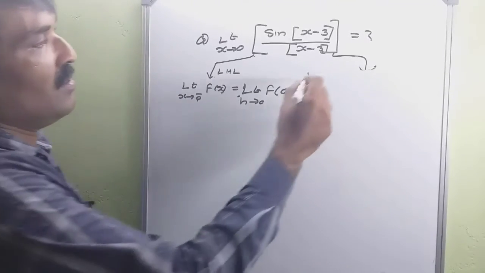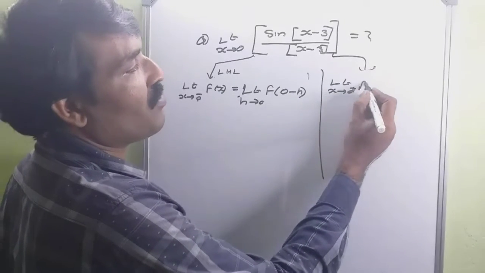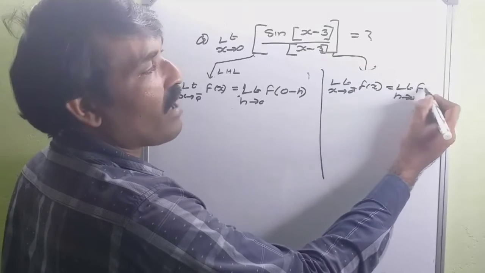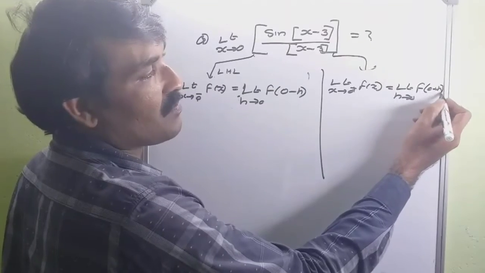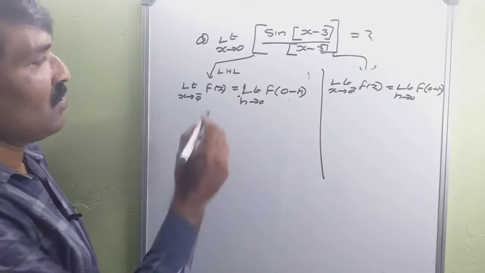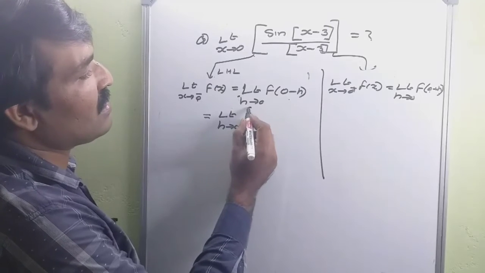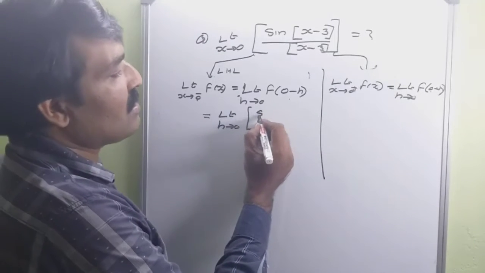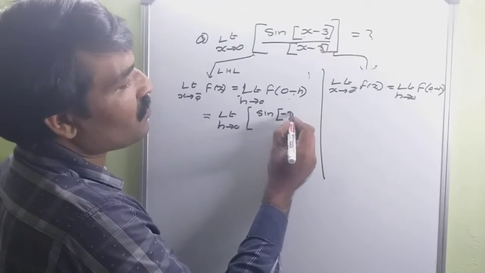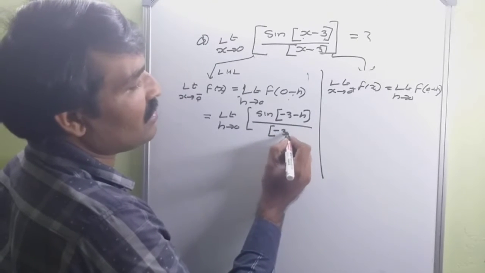Right. For RHL, limit x tends to 0 plus f of x, that is equal to limit h tends to 0 f of a plus h, that is f of 0 plus h. In the LHL, x is replaced by minus h, and here x is replaced by h. So this function becomes limit h tends to 0 greatest integer function of sine of, with x replaced by minus h, minus 3 minus h, divided by greatest integer function of minus 3 minus h.